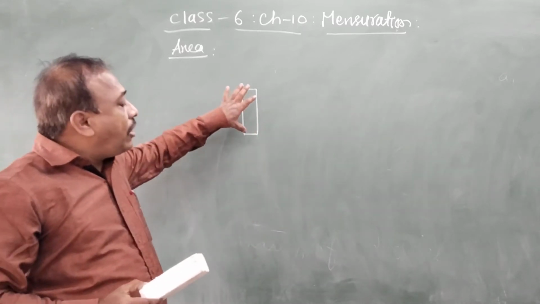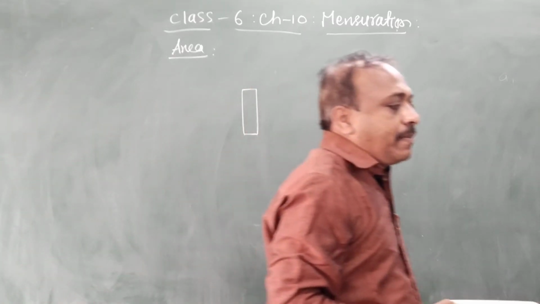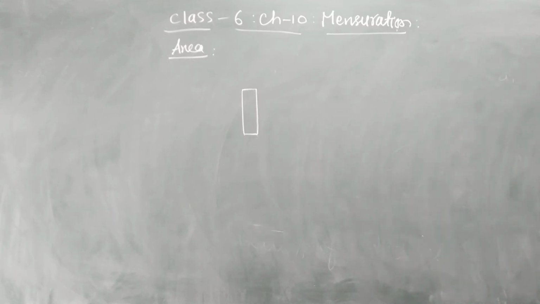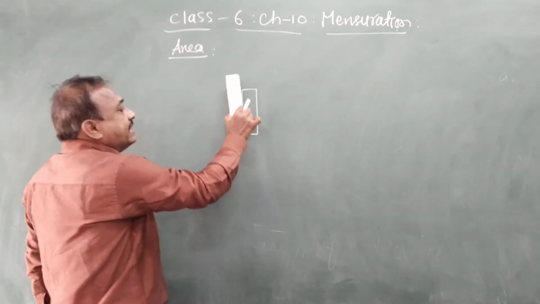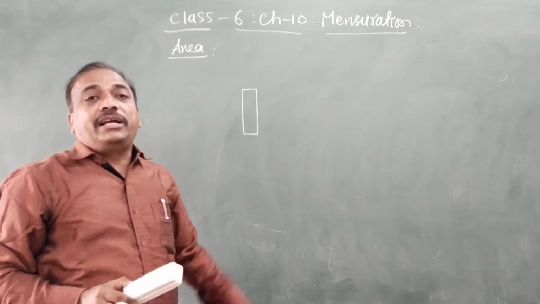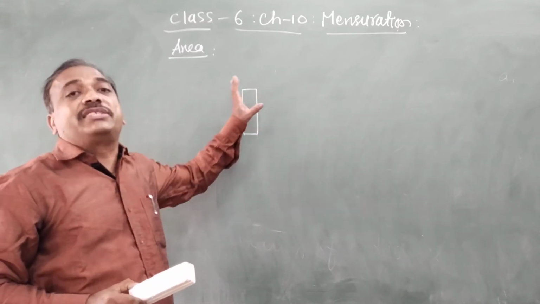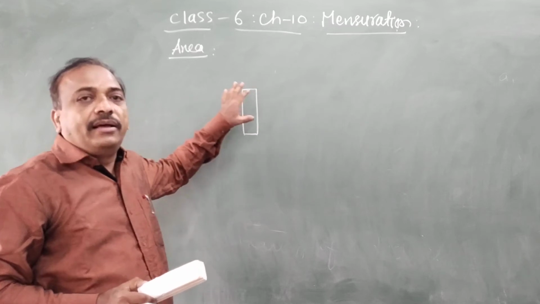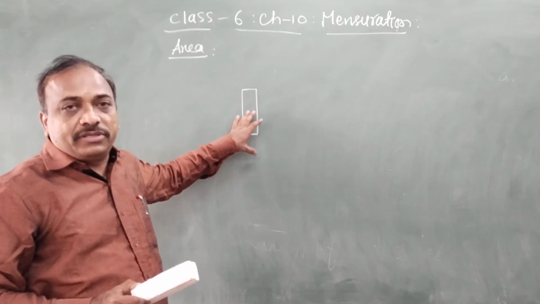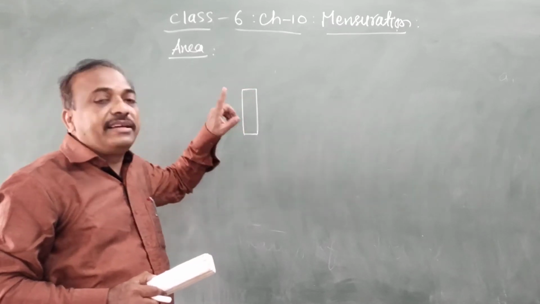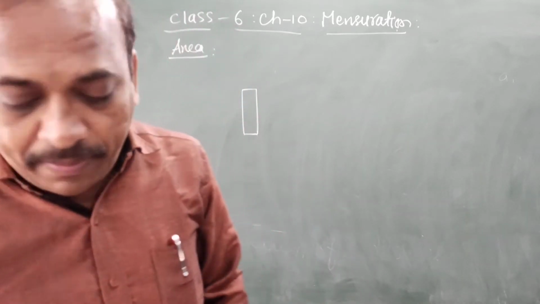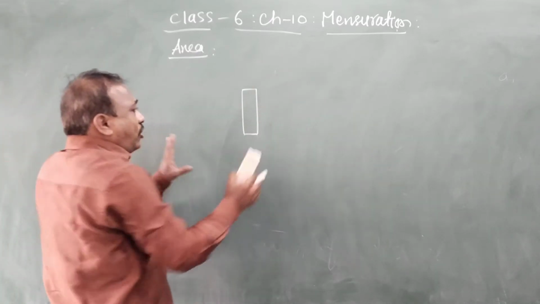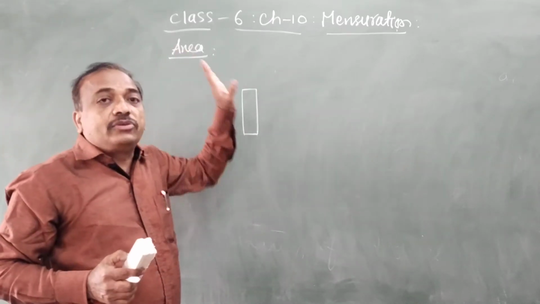So the amount of the plane surface covered by a closed figure, a particular object, is called its area. This is not occupying the complete board. How much it is occupying? That is the area.